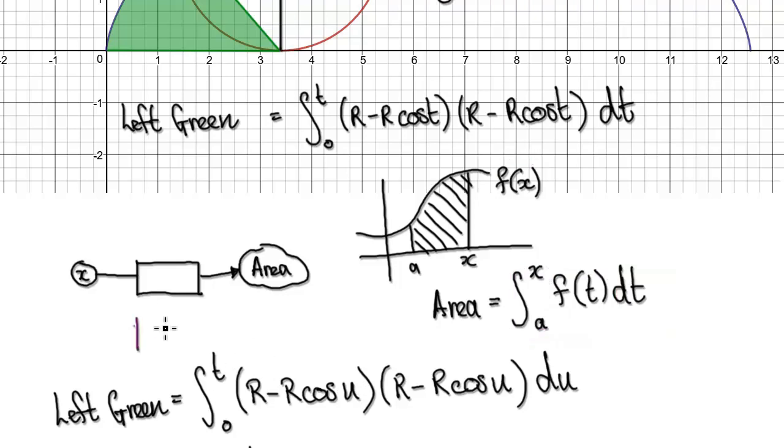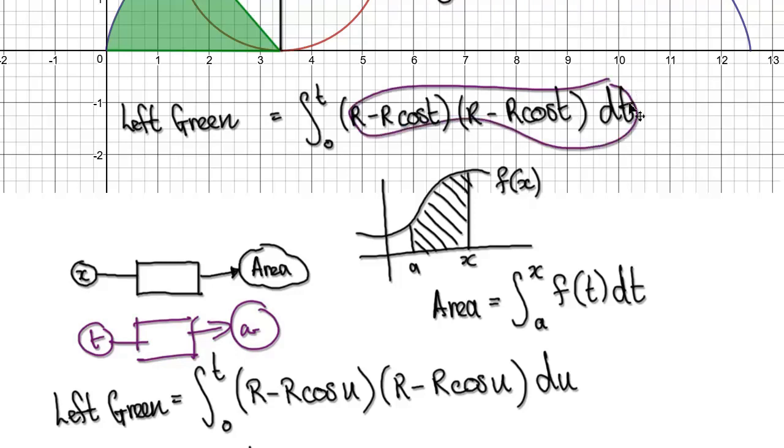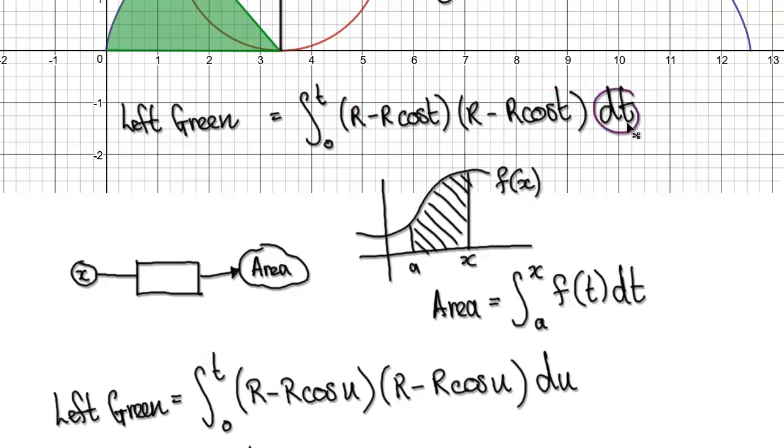So it will be cos of u. We are just changing the name so that we can use t to represent our variable. So we can input t and we spit out an area. This thing here would be u, and dt would turn to du.